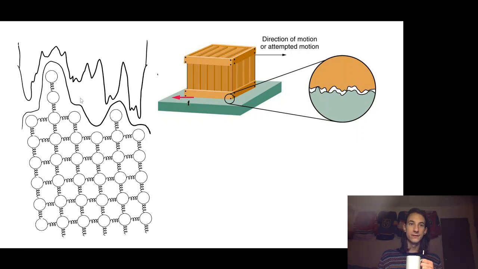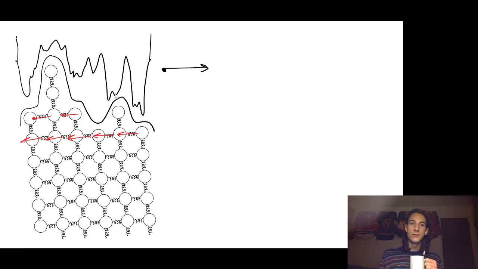So we have this surface, it's got these little atoms that are protruding to cause the rigidness of the surface. And then we have the surface of the box. If we were going to move this box, this top thing, to the right, it would cause our atoms to compress to the right as well.